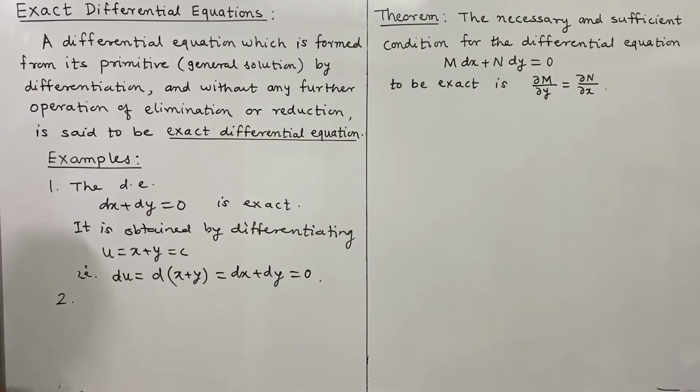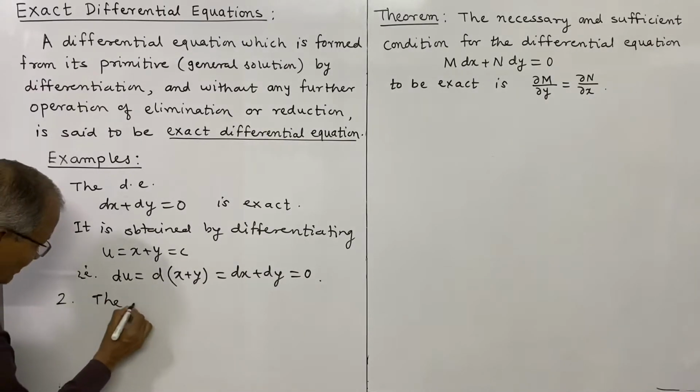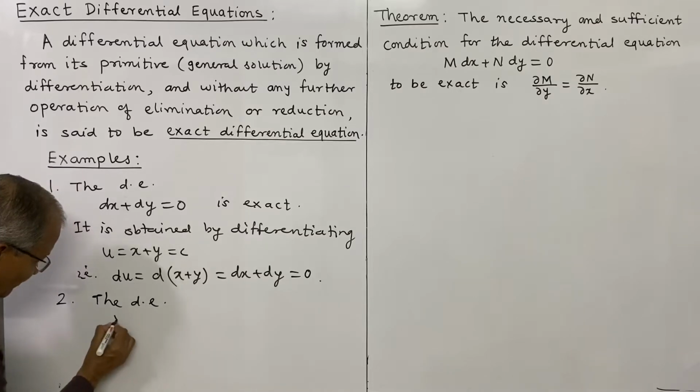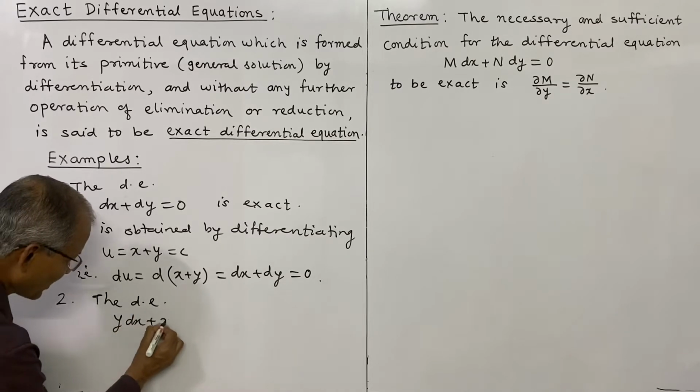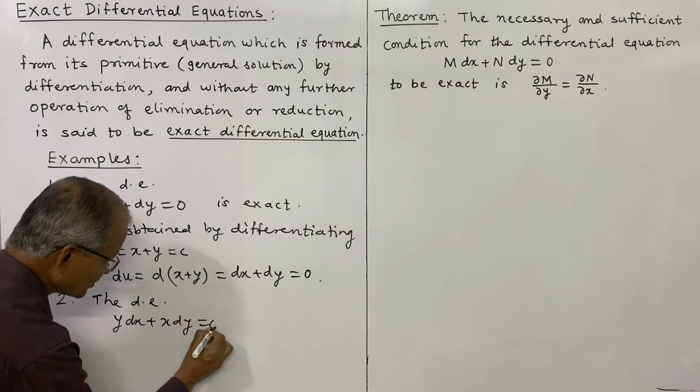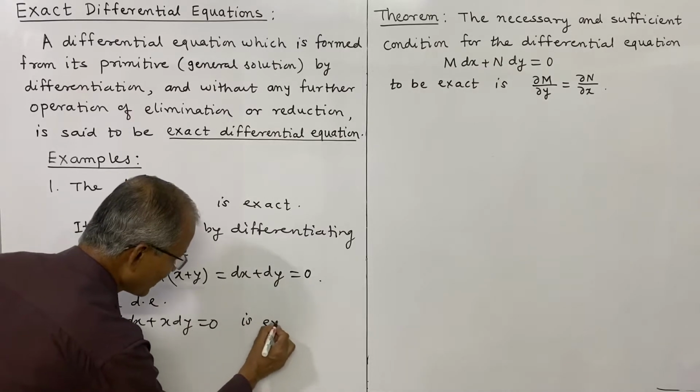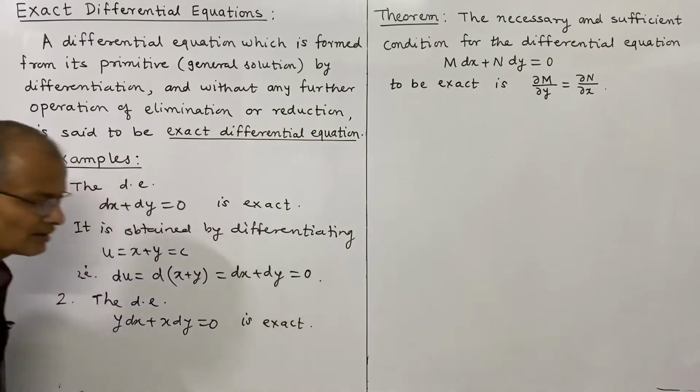Now the second example can be considered as the differential equation y dx plus x dy is equal to 0. This is also exact. So why is it exact?